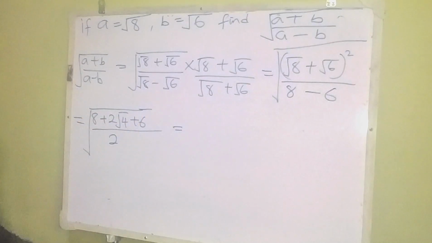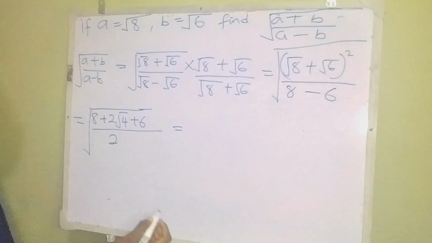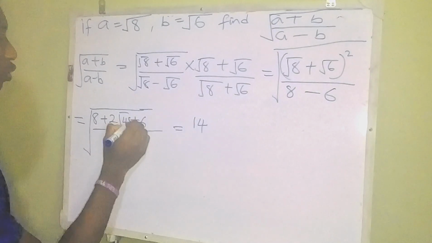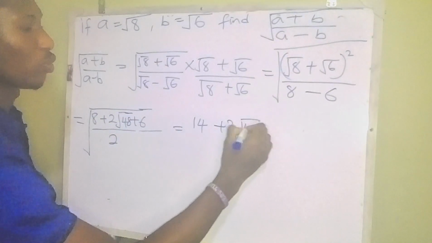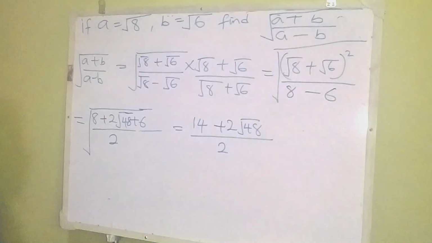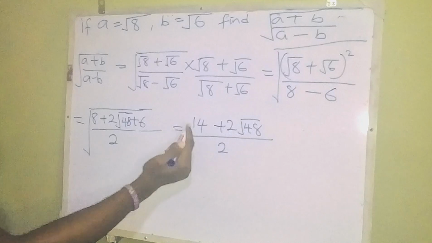The next step is that I should arrange this. So 8 plus 6 will definitely give me 14, plus 2 square root of 48, divided by 2. Now, the next thing I can do is to factorize. You see that 2 is common: 2 times 7 is 14.